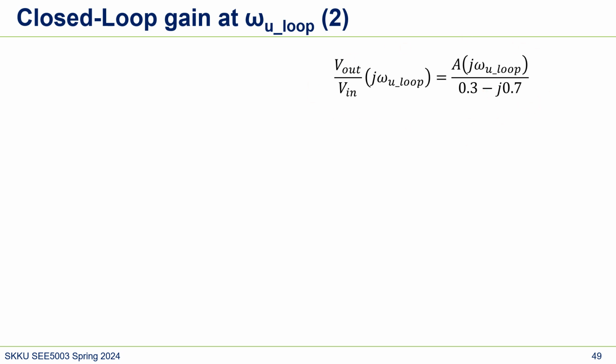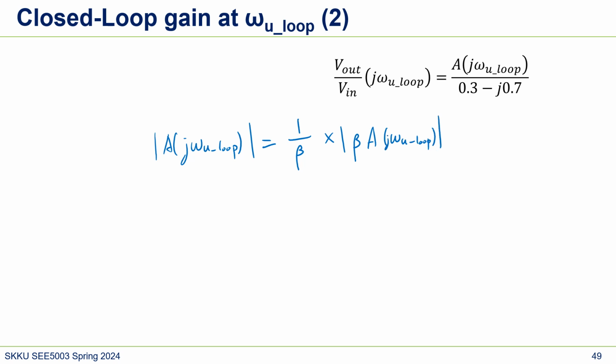Then we can use a little math trick. If we put it inside, it's the same, but what we get is that this is 1, so this is 1 over beta.